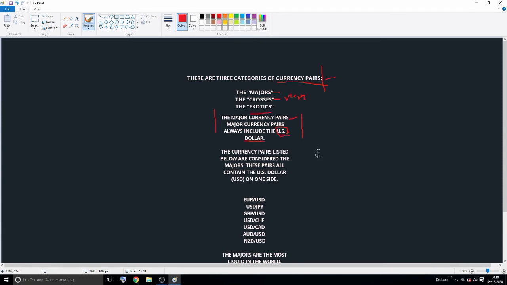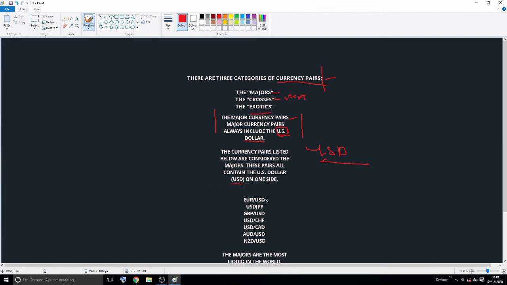So every time you see a currency pair that goes together with the US dollar, that's a major. The currency pairs listed below are considered the majors. These pairs all contain the US dollar, USD, on one side.